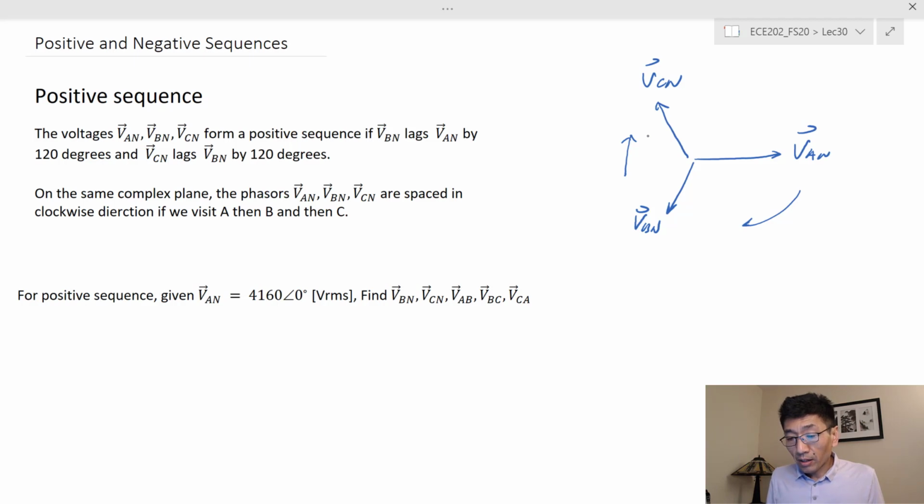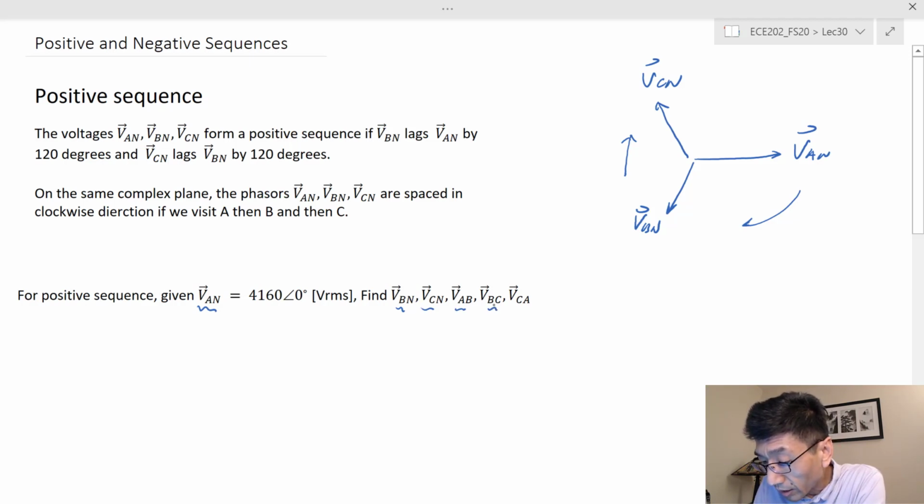Let's do a quick example on these. For the positive sequence, I have VAN given, and then I find VBN and VCN, and also the line-to-line voltages VAB, VCA, VBC, okay?